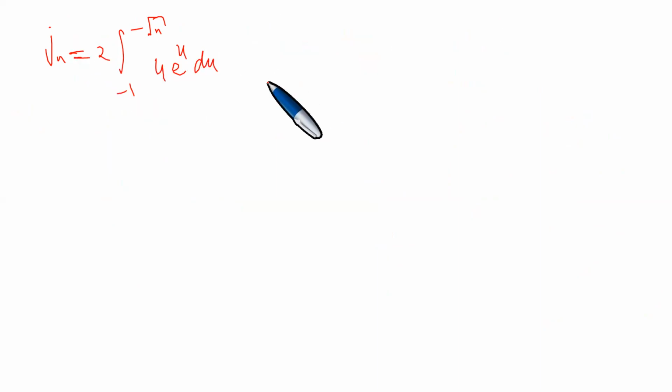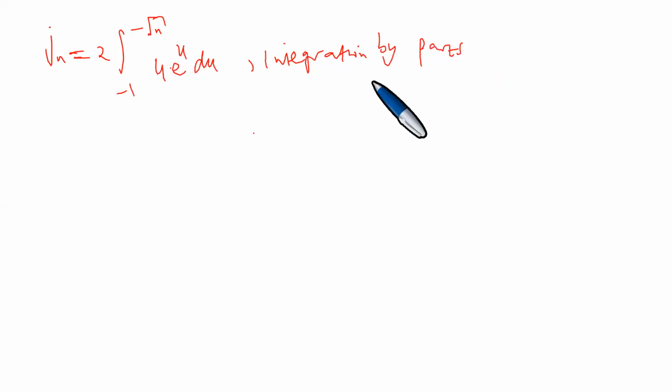Now you need to integrate this. Because we're integrating a product of functions, we use integration by parts. The formula for integration by parts says the integral of u dv is uv minus the integral of v du. So we use this.